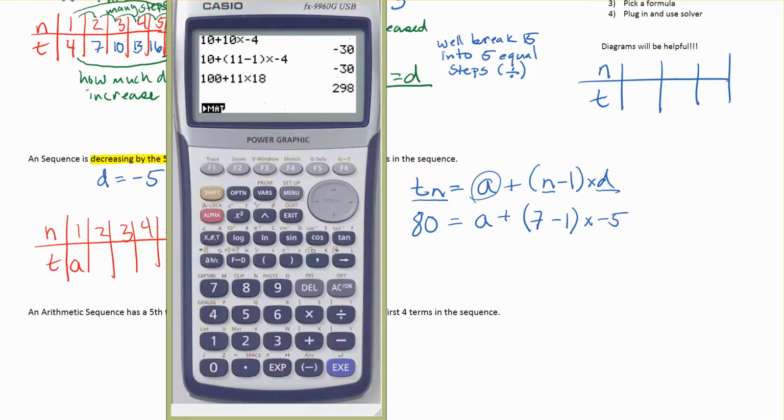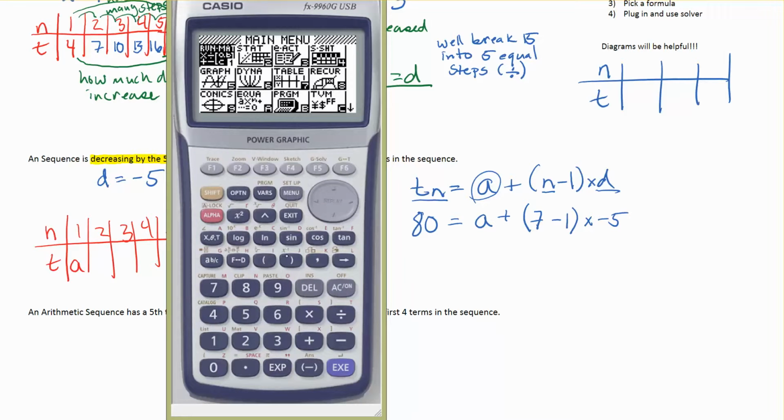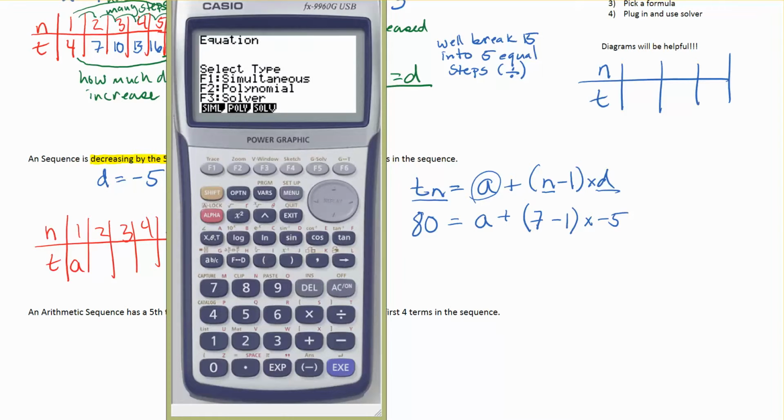So what we're going to do with this is put it into solver. So going into solver on your calculator, type in exactly what you see. 80 is equal to something I don't know. Always use that x theta t button under the red one there.